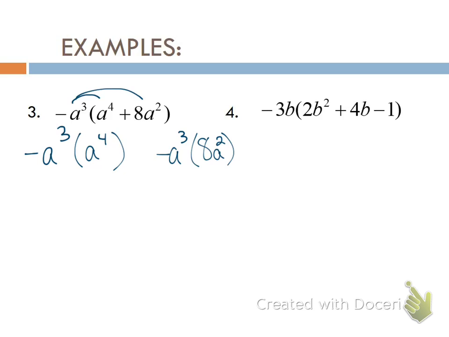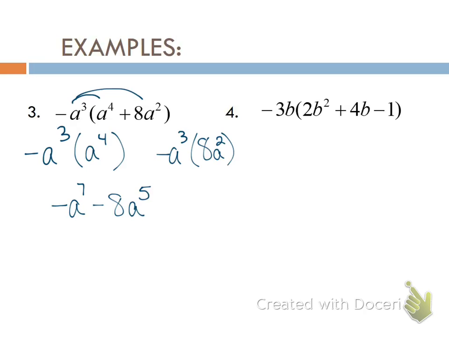Very good. A negative times a positive is a negative. When we multiply the same base, we add the exponents. Okay, again back here we've got negative a cubed times 8a squared. Negative a to the fifth power. Negative 8a to the fifth power.